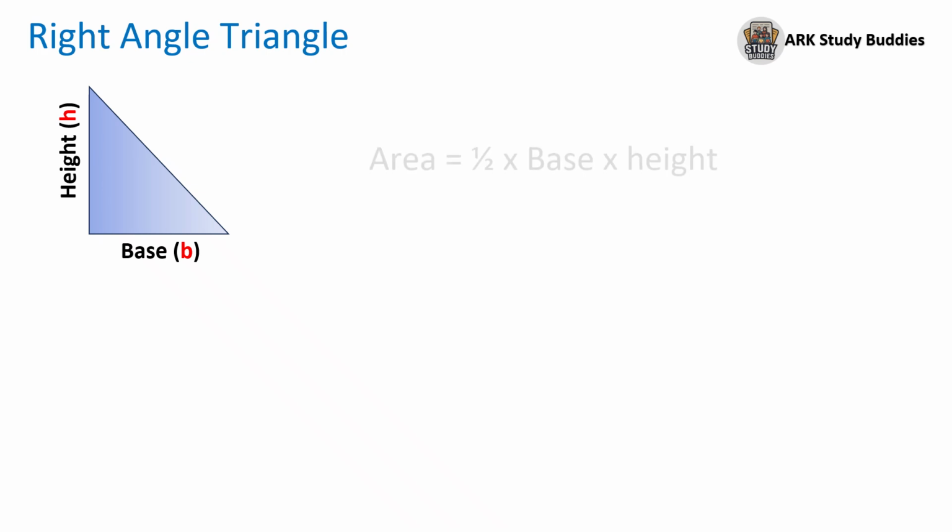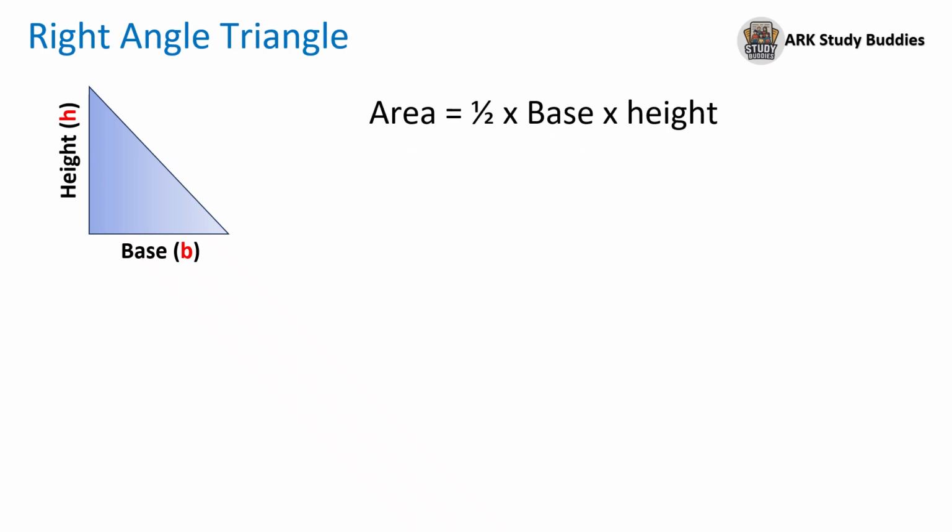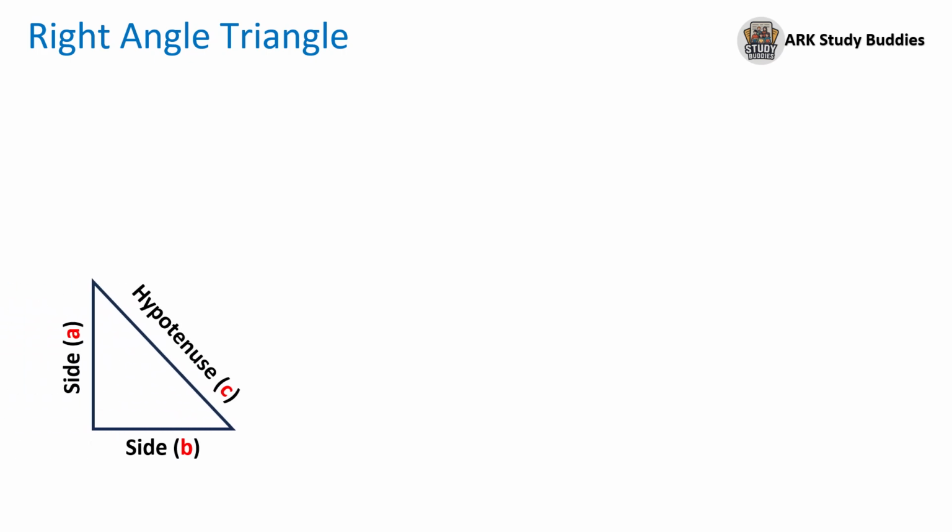Let's learn about right angle triangle. When in a right angle triangle the base is B and the height is H, then area is equal to half into base into height, that is equal to half into B into H. Let's learn about the perimeter of a right angle triangle.